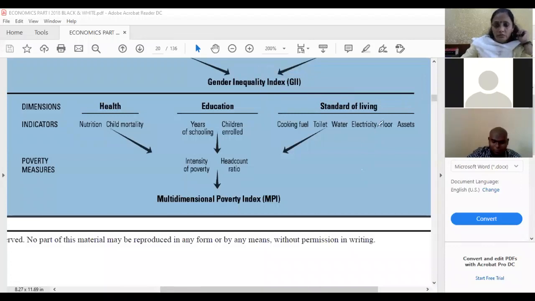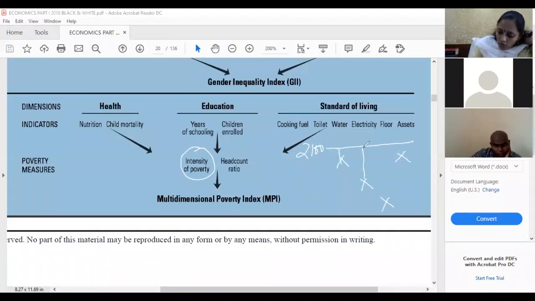So that's what we are going to call the intensity of poverty. You have a standard, you identify people who are lesser than that, and you identify how far they are from the required standard.